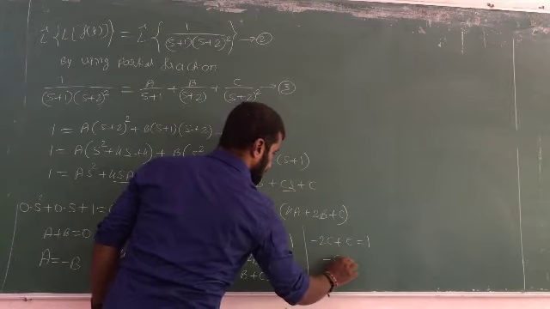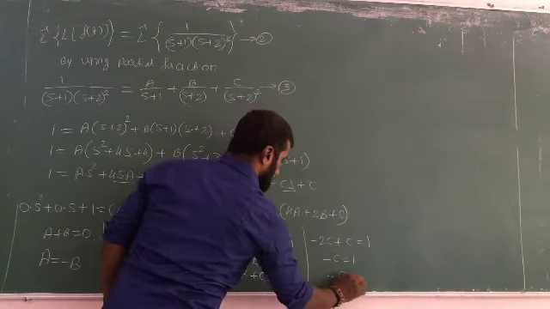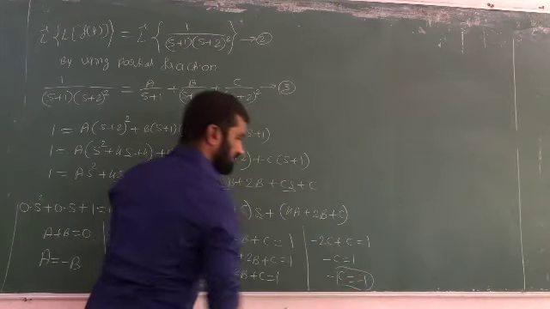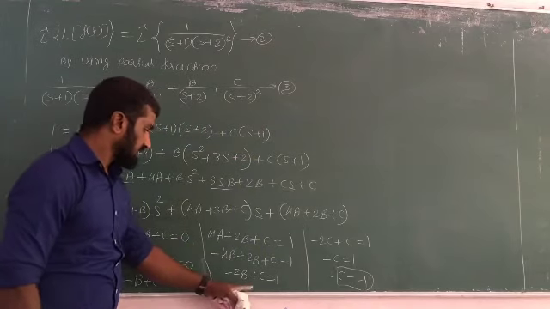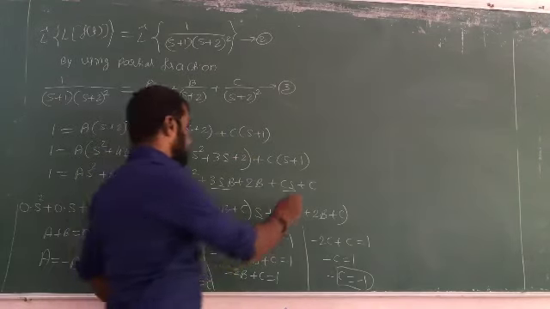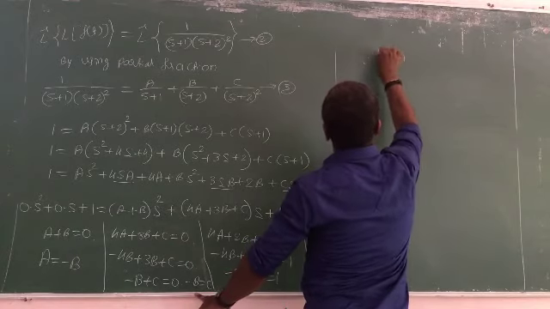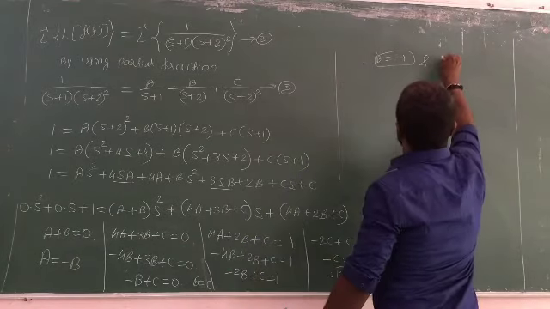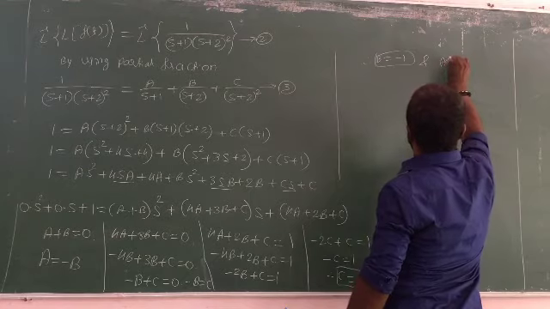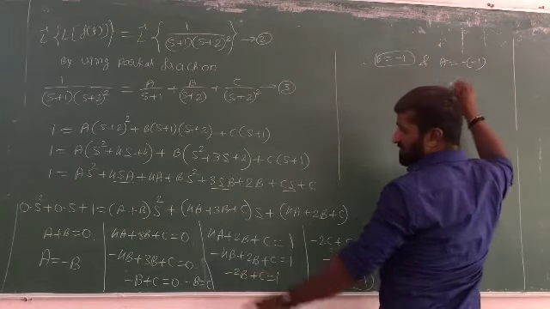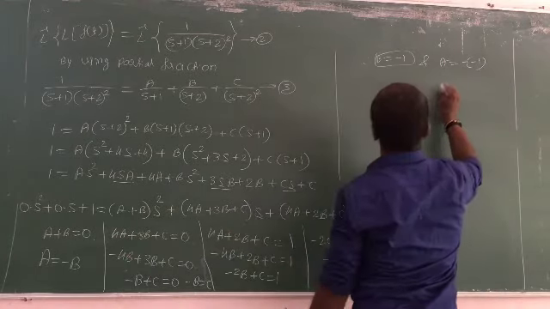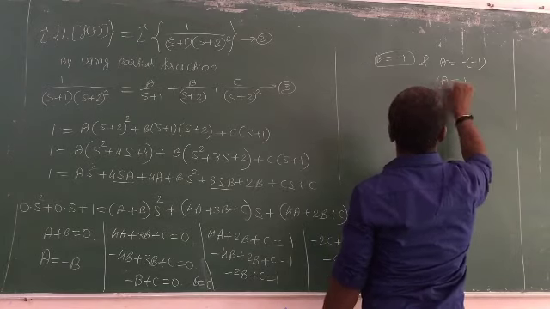So minus c is equal to 1. Therefore c is equal to minus 1. If c is equal to minus 1, what would b be? b is equal to c, therefore b is also minus 1. And a is equal to minus b, so a is equal to 1.